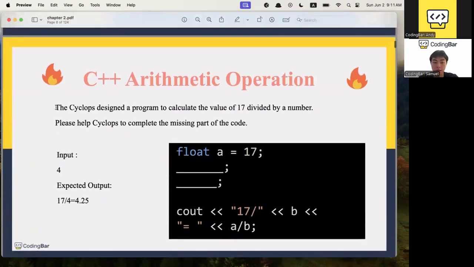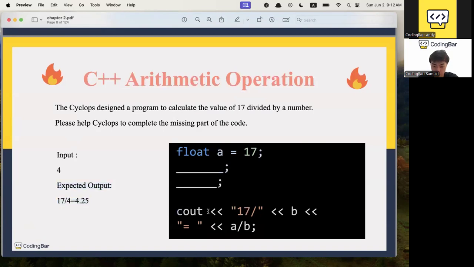Let's look at this example. The Cyclops designed a program to calculate the value of 17 divided by a number. Please help Cyclops to complete the missing part of the code. So Cyclops have float a equals 17. And then there's something missing here.